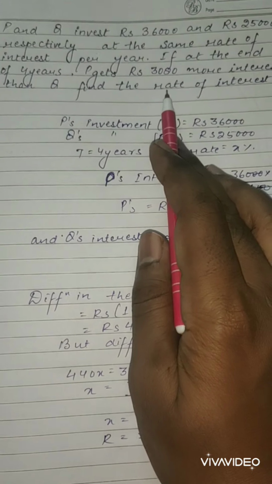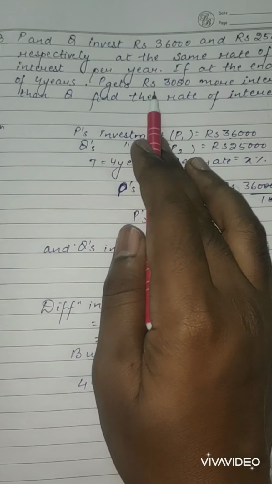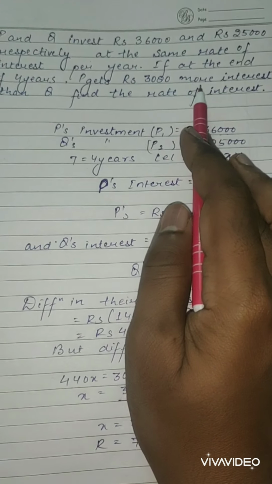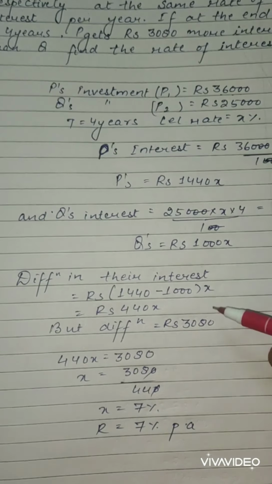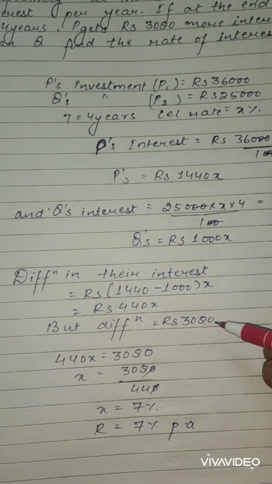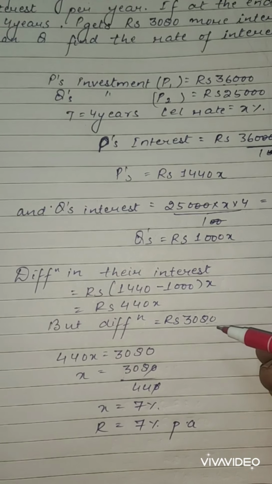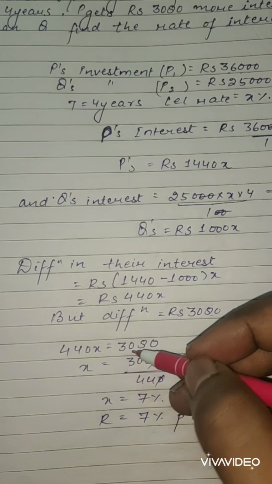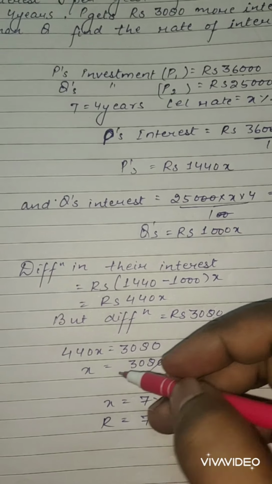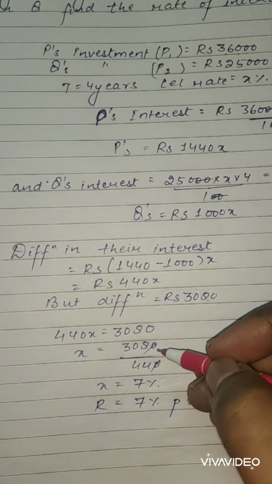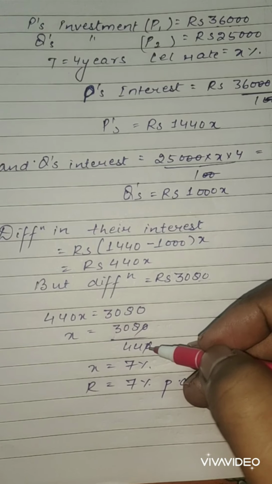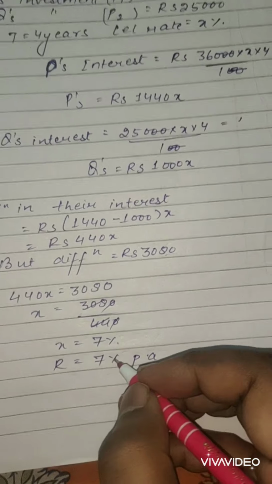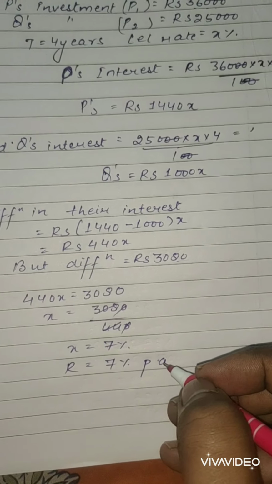As it is saying that P is getting 3,080 more interest, their difference is 3,080, so 440x is equal to 3,080, so x is equal to 3,080 upon 440. Zeros will be cut. When you solve this, you will get 7% as the rate.